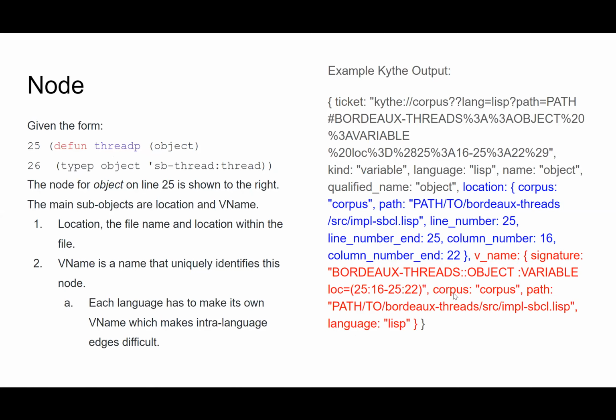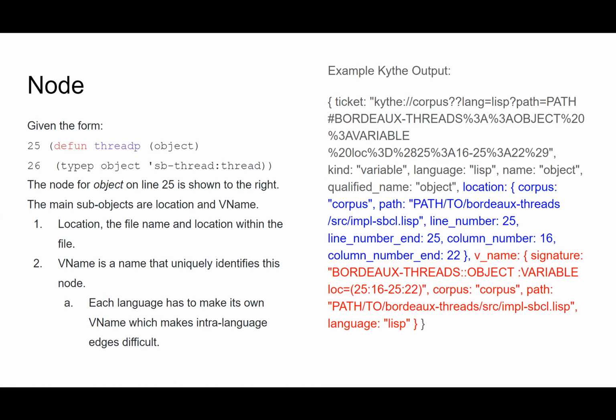Corpus, we've talked about. Path is path, and language is language. That has to be there. What's different between languages is signature. Every language has to identify its own signature. Now, since this is what identifies the node and what you really need to understand if you want to link to things, you want signature to be makeable, preferably by other languages.